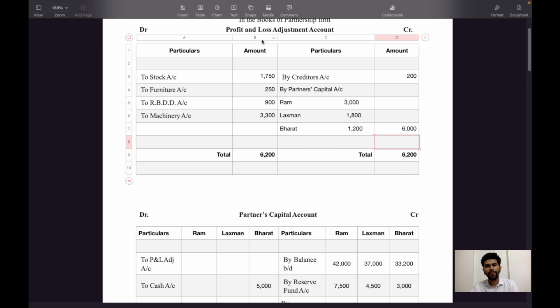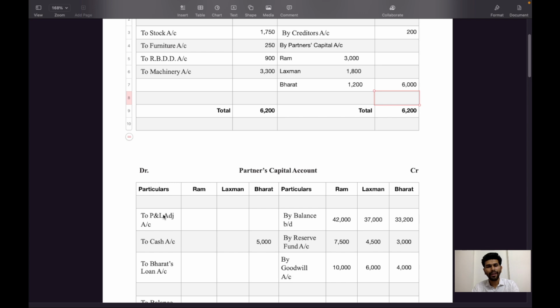From the profit and loss adjustment account credit side to partners' capital account debit side, this is the revaluation loss. It will be shifted to partners' capital account debit side: Ram 3,000 rupees, Lakshman 1,800 rupees, and Bharat 1,200 rupees.